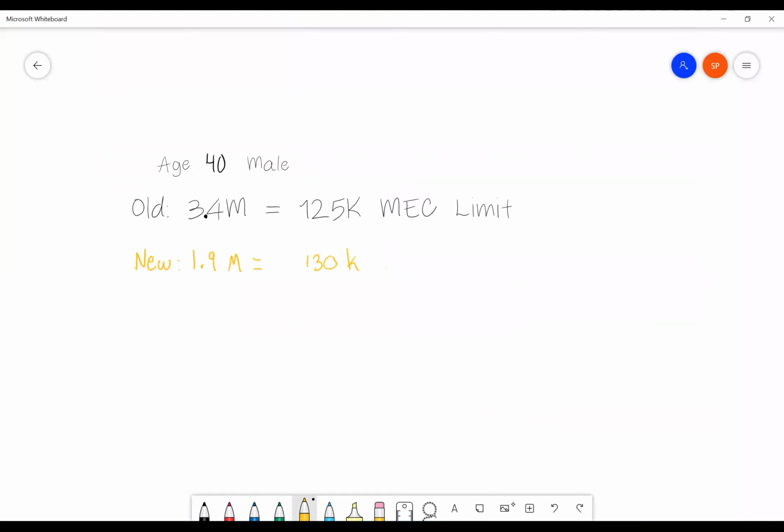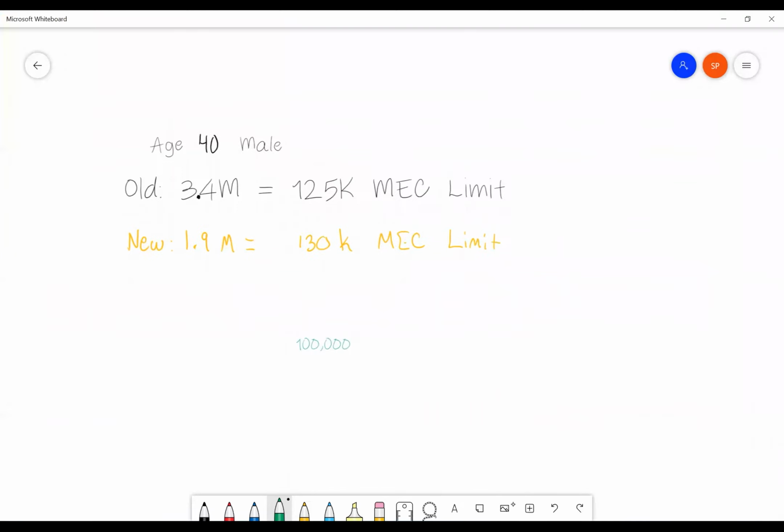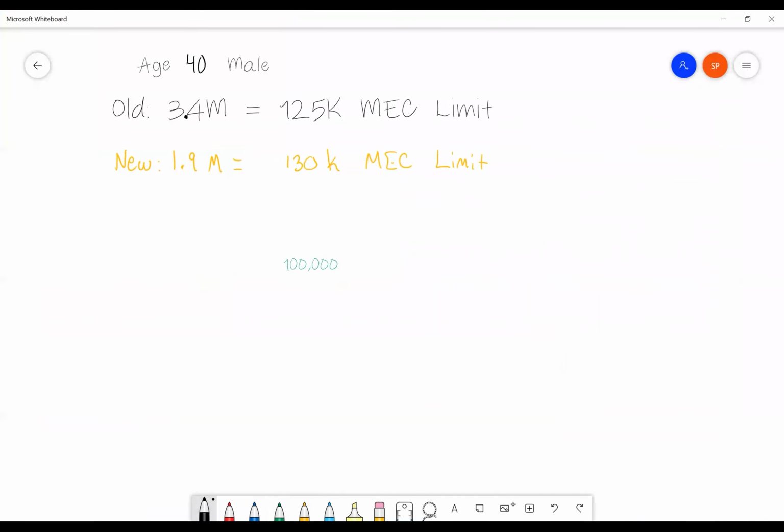What do you notice there? If you are interested in a policy for maximum cash value, if I'm paying in $100,000 per year, how are we often going to design a policy? If you say, hey, I want the ability to put in $100,000 per year, money can go where?